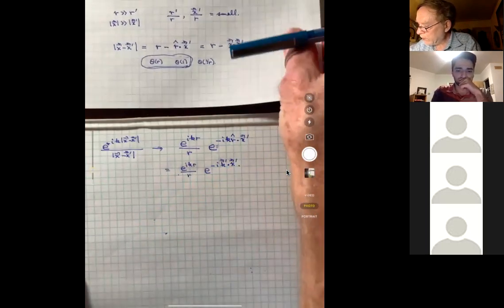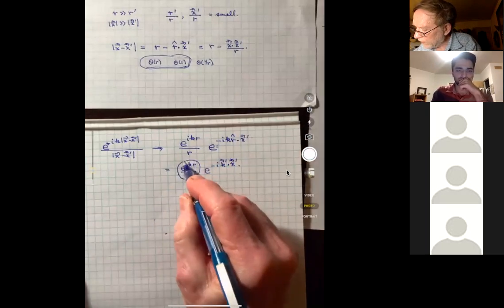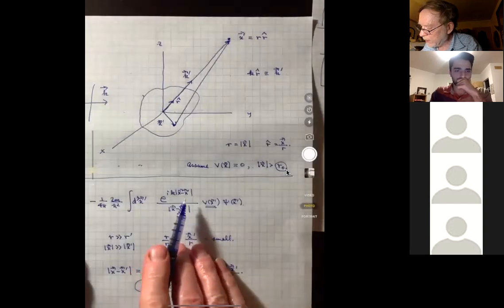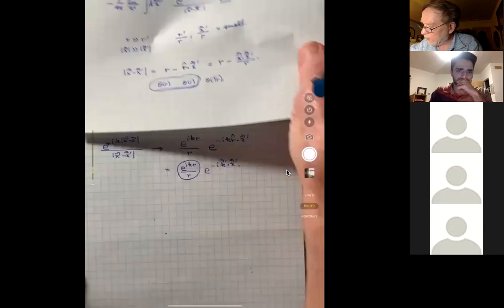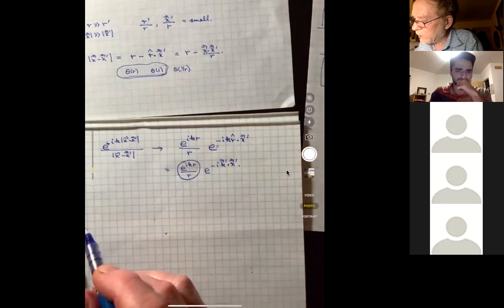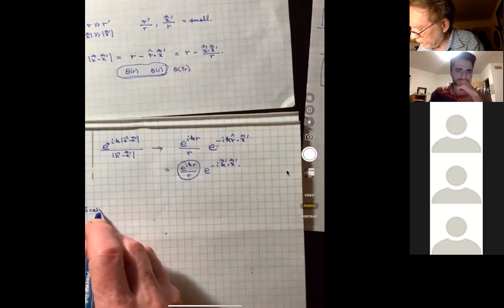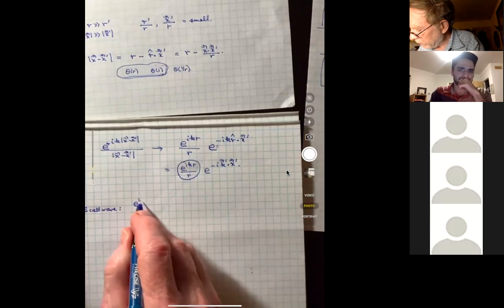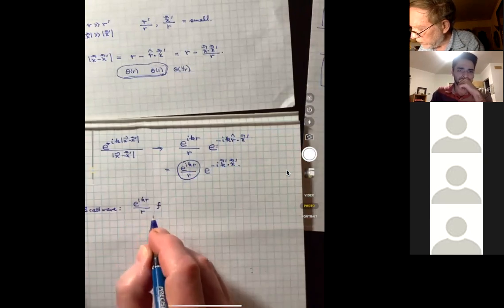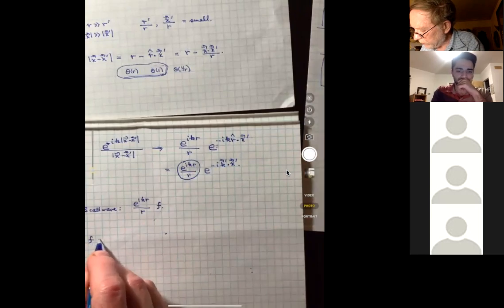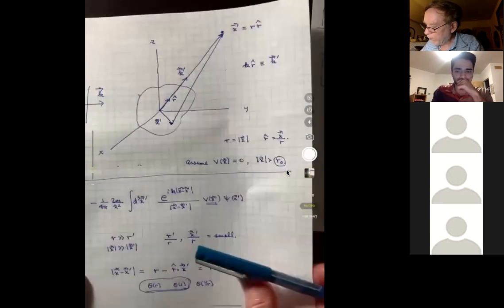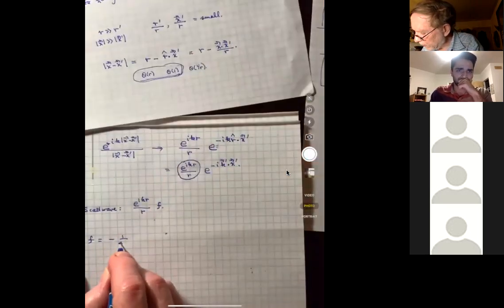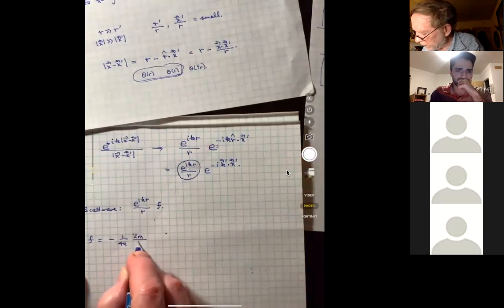And if you now look at this, you've got the e to the i k r over r. This is the factor that we expect for the asymptotic form of the wave field. This is going to be underneath this integral sign here for the scattered wave, but this factor is independent of the variable of integration and can be taken out. And so the scattered wave then looks like e to the i k r over r times the rest of it, which I'll call f, where f is equal to the rest of this integral, which I'll write out for you: minus 1 over 4 pi, 2m over h bar squared.